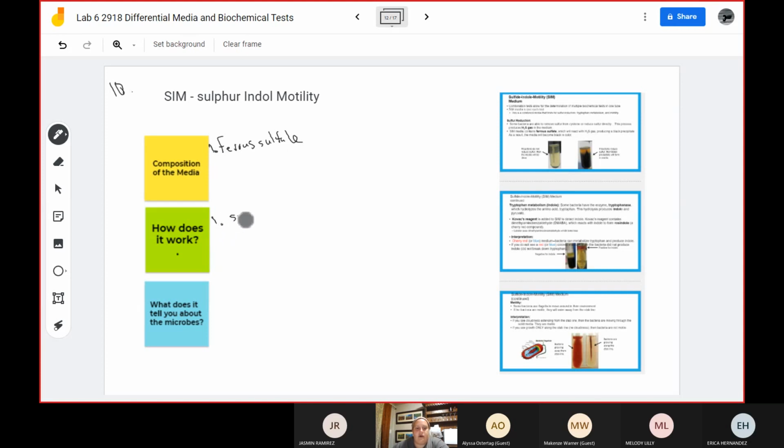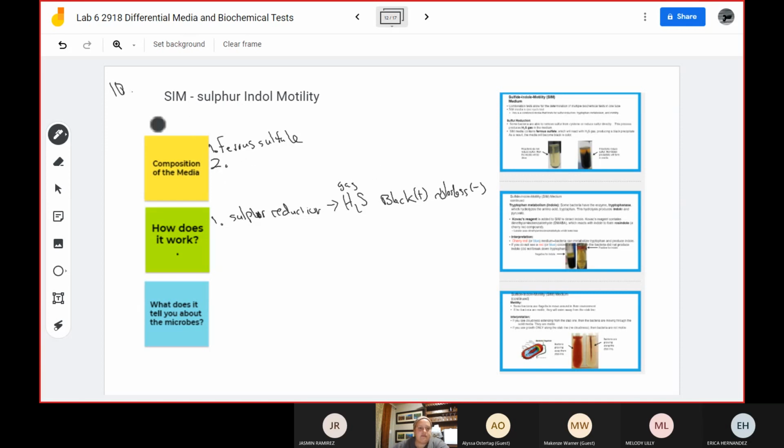It is testing for sulfur reduction to H2S, which is a gas that reacts with the ferrous sulfate to form a black precipitate. So black would be positive, clear or colorless would be negative for sulfur reduction.